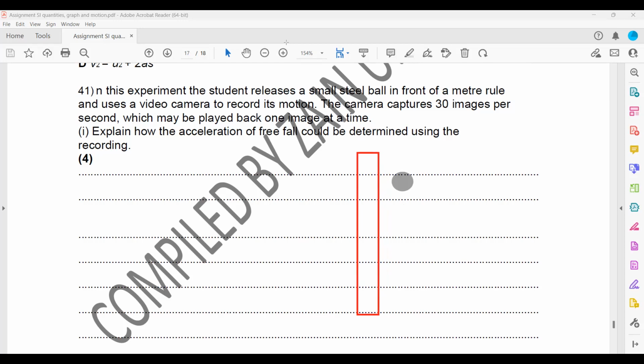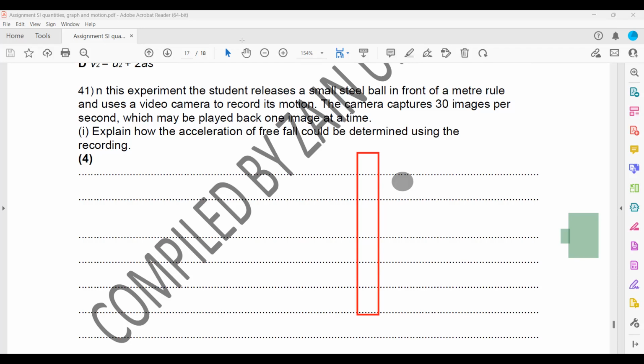So there's a camera placed here which is recording the motion of this ball. And the camera captures 30 images every second. Like in 1 second, there are 30 frames or 30 images, which may be played back.